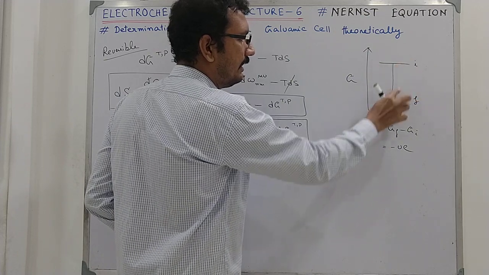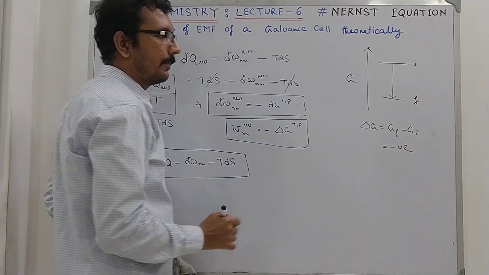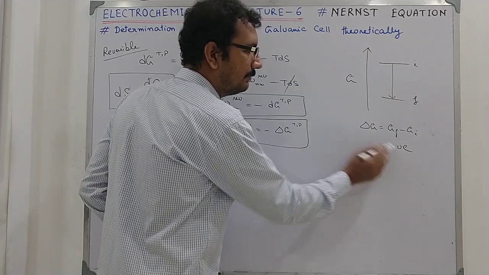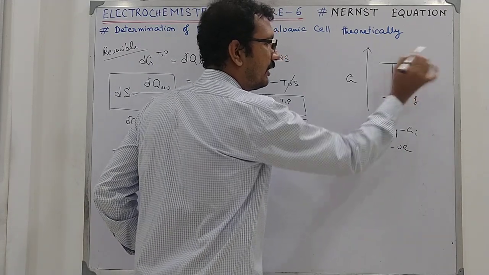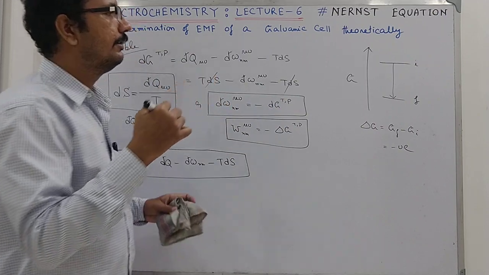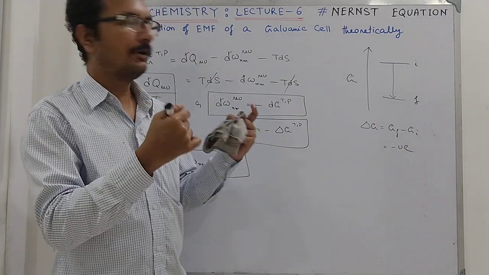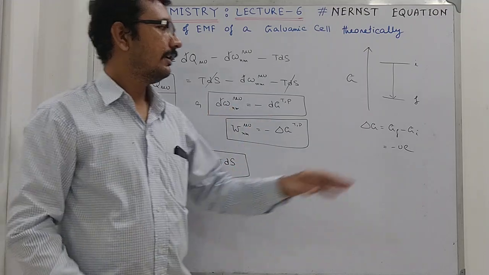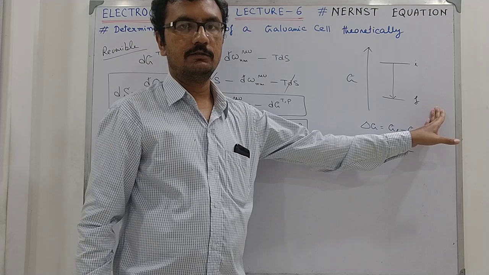Gibbs free energy is decreasing from the initial to the final state, so del G will be negative. Now this one has a higher amount of ordered energy, so higher probability to perform work, and this has lower capability to perform work.